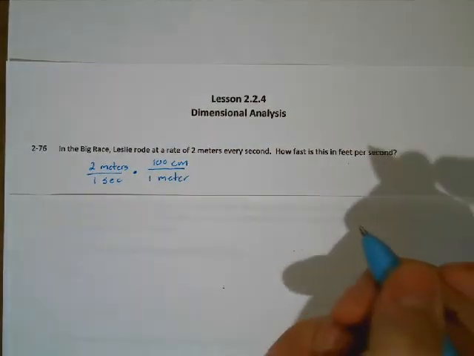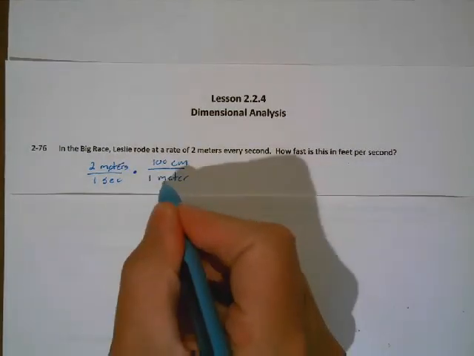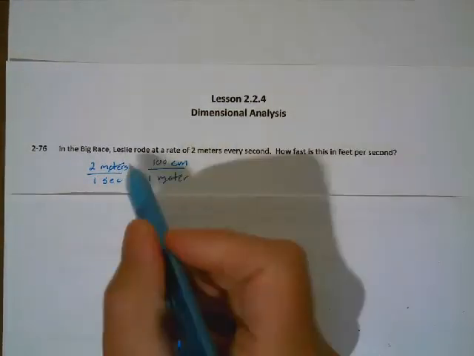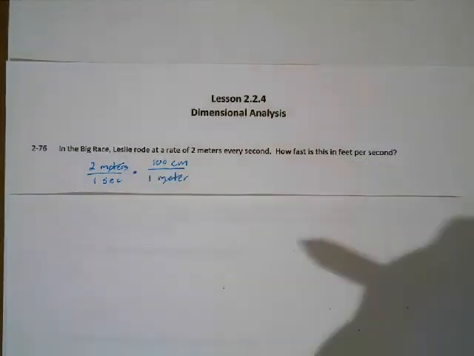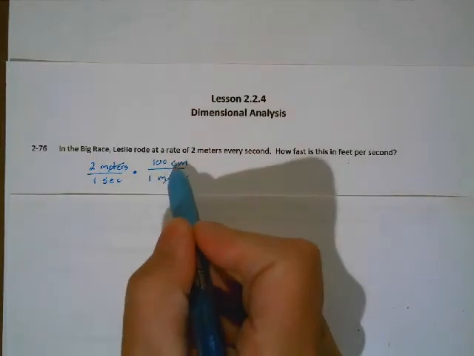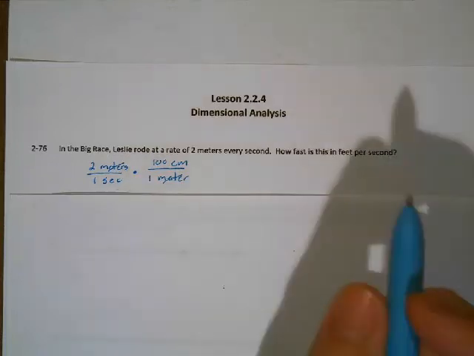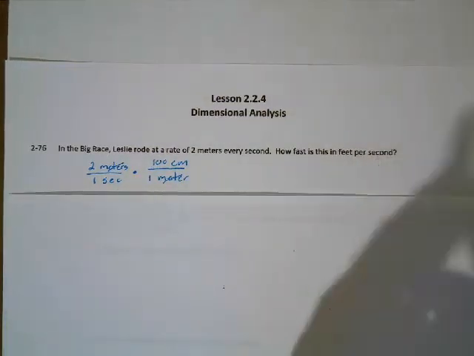So what this does is, we're going to see this a little bit later, is we are reducing the units of meters, because meters over meters would cancel each other out. So now what we have is centimeters per second. But again, we don't want centimeters per second.